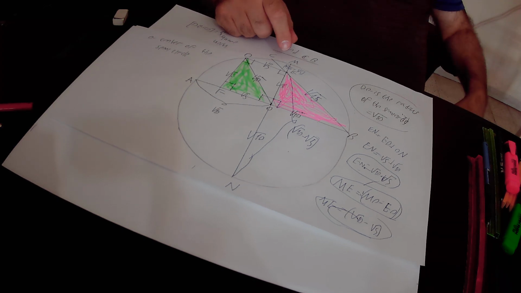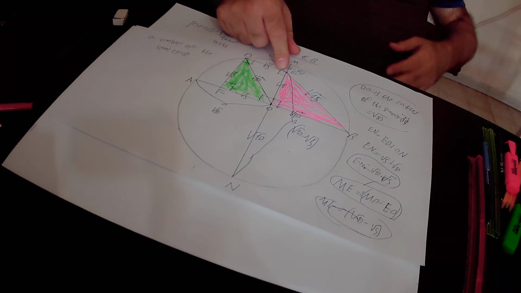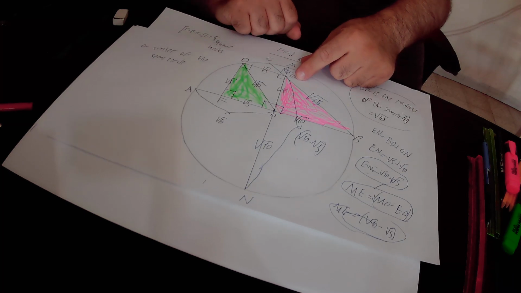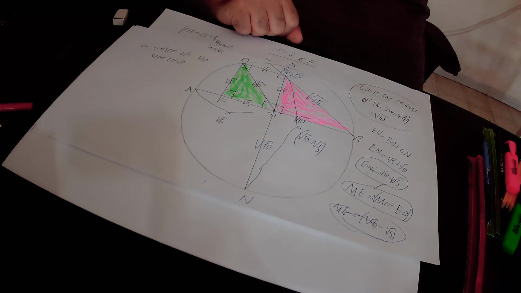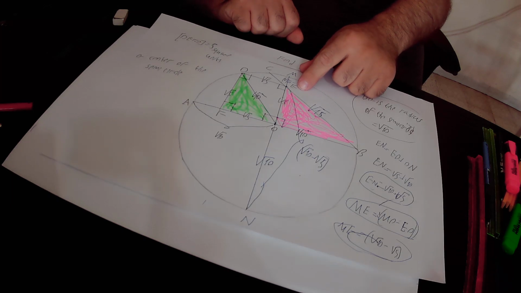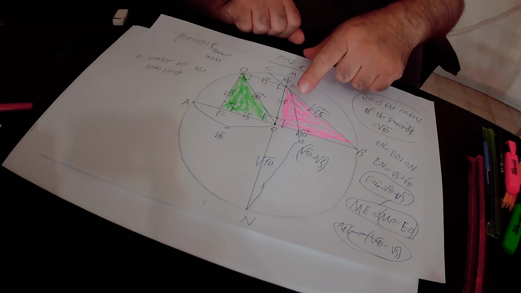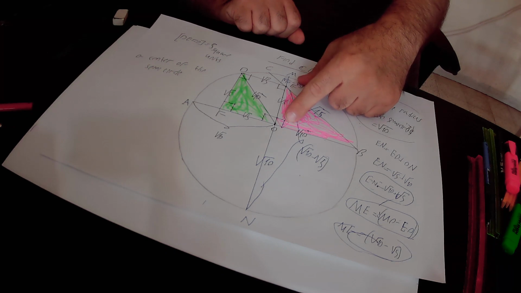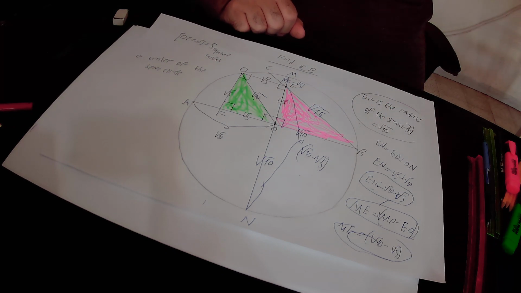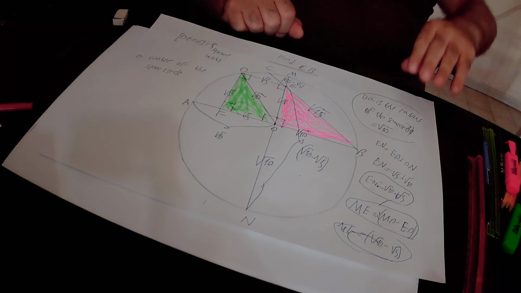Then we found the length of line segment ME. From the drawing, it is very easy to see that ME equals MO minus OE.